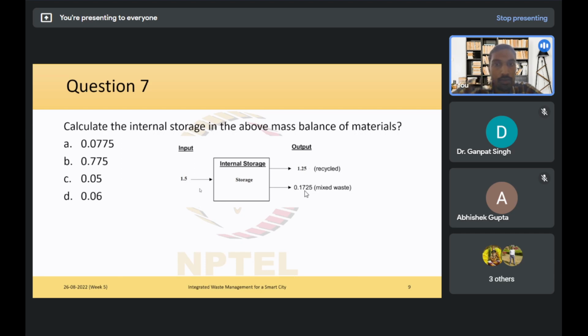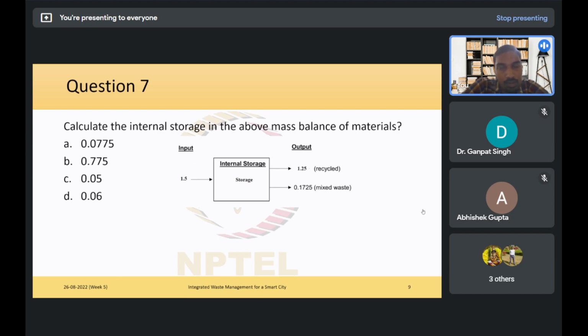So we need to do the mass balance and find out what is the amount of storage in this system. Please take a few seconds and I can answer it. It's very straightforward. We know the input, we know the output.